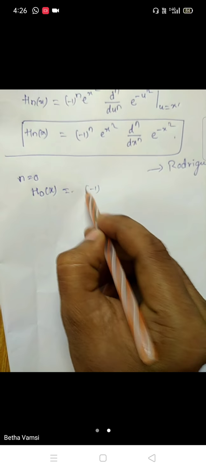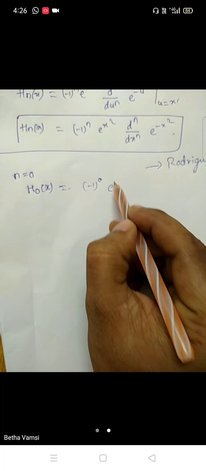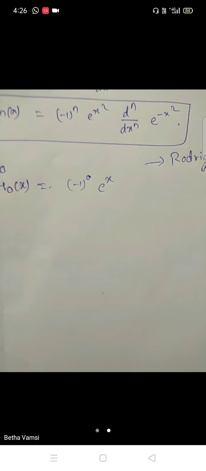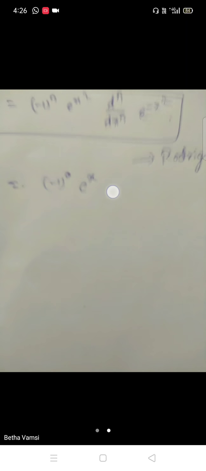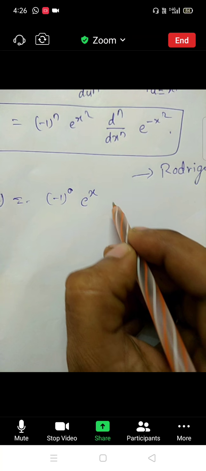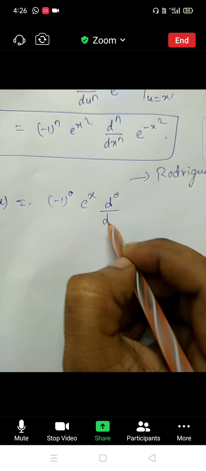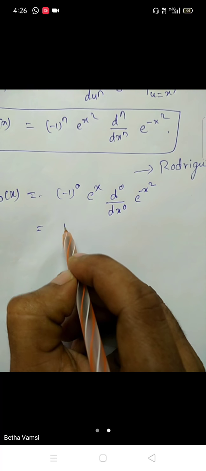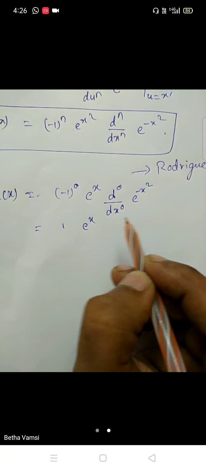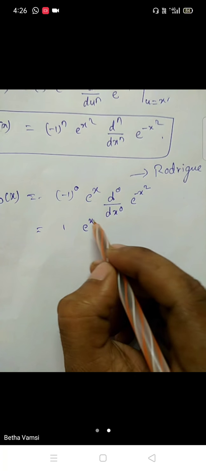Minus 1 power 0, e power x square, d power 0 by dx power 0 of e power of minus x square, which is equal to 1 into e power of x square.